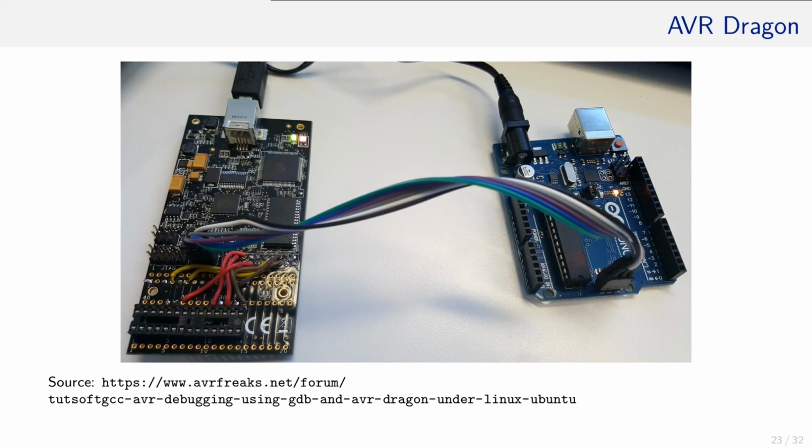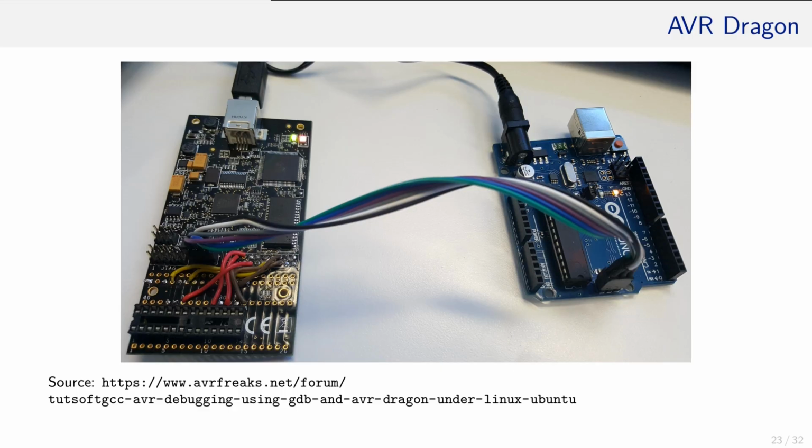Alternatively, developers used the avr-Dragon board to access the debugWIRE interface. The avr-Dragon, also discontinued at the time of this lecture, but still available in online stores, is a programmer and debugger for AVR devices.